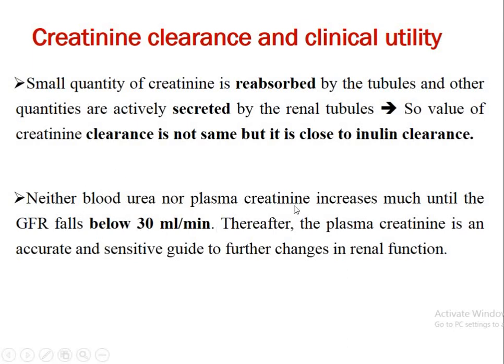Neither the blood urea nor the plasma creatinine increases much until the GFR falls below 30 ml per minute. So you can understand through this that if you are only measuring the blood urea or the plasma creatinine levels, they might remain normal until the GFR falls below 30 ml per minute. So absolute GFR measurement can be done to assess early damage to the kidneys.